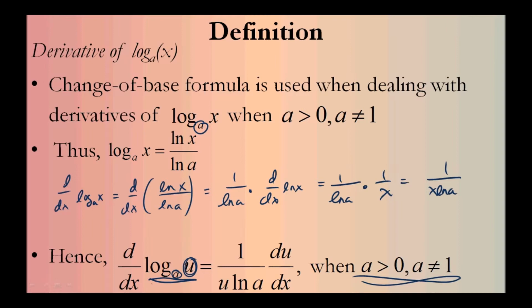So 1 over this times the derivative of u. An interesting way to remember this is knowing that derivative of log base a of u is 1 over ulna, just remembering the simple phrase ulna, because u, natural log of a, can be pronounced as ulna, times just du dx. So 1 over ulna du dx.